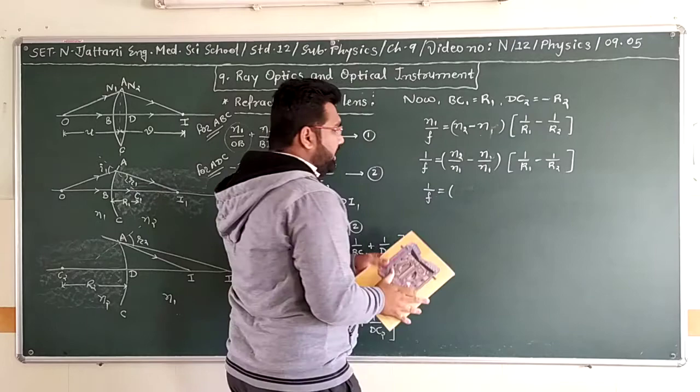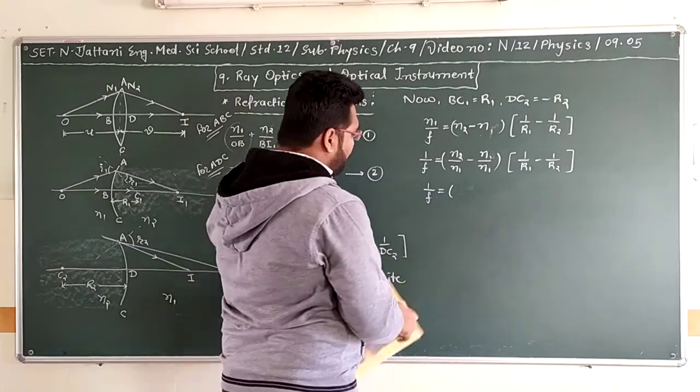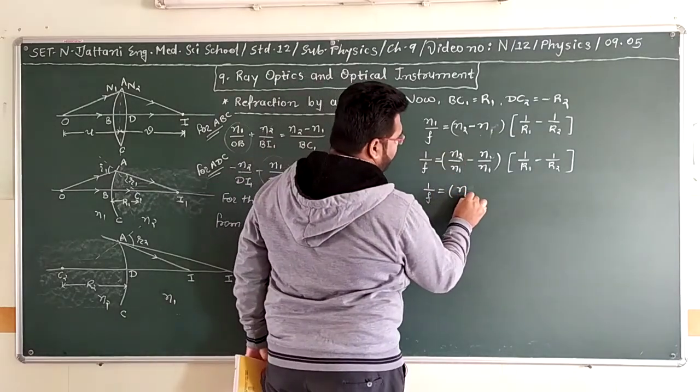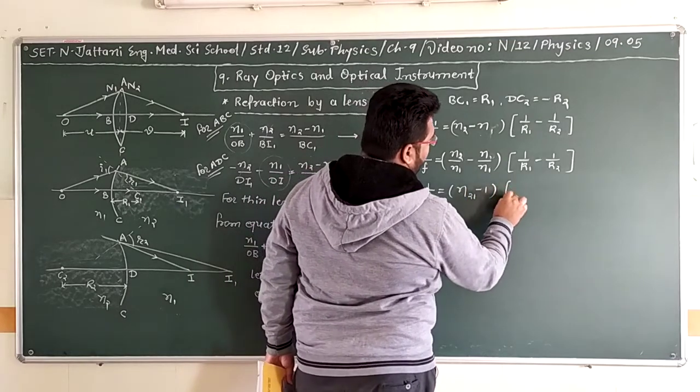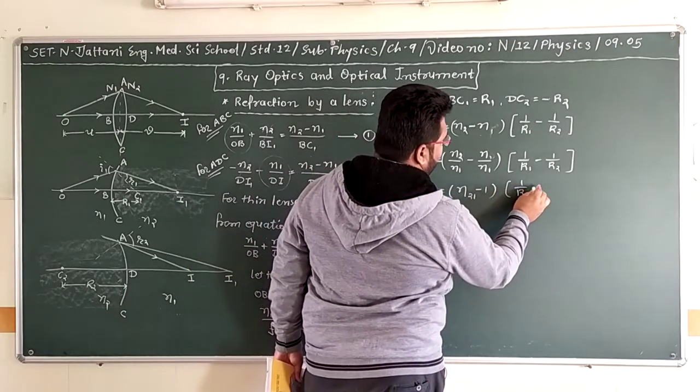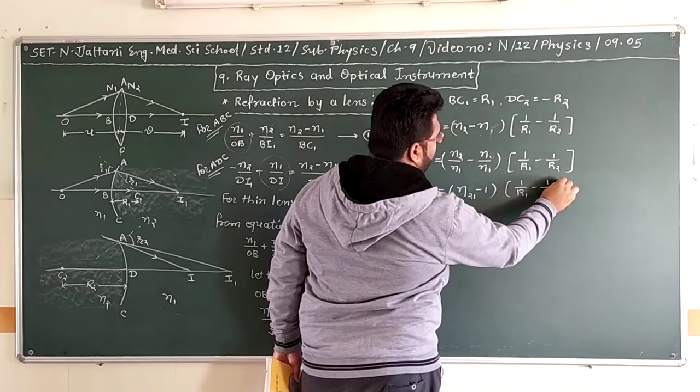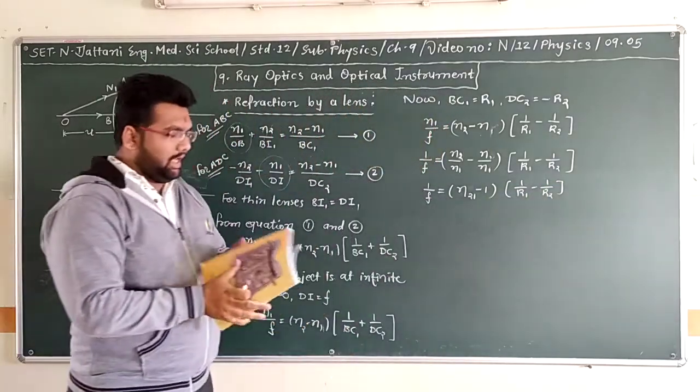So we get n2 1 minus 1, into 1 upon R1 minus 1 upon R2. This is our formula.